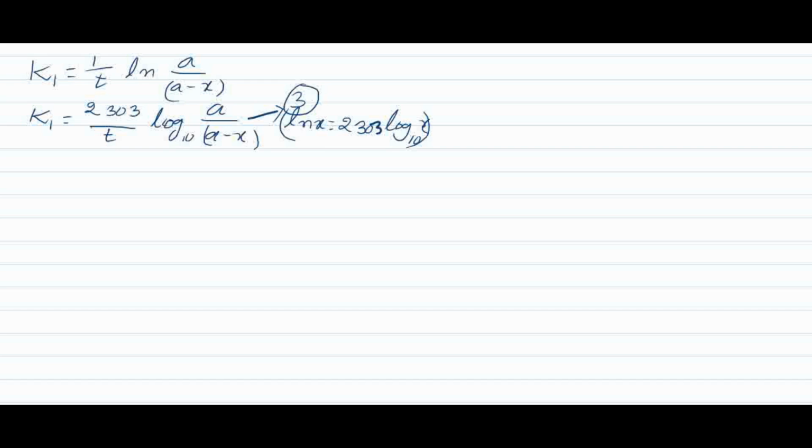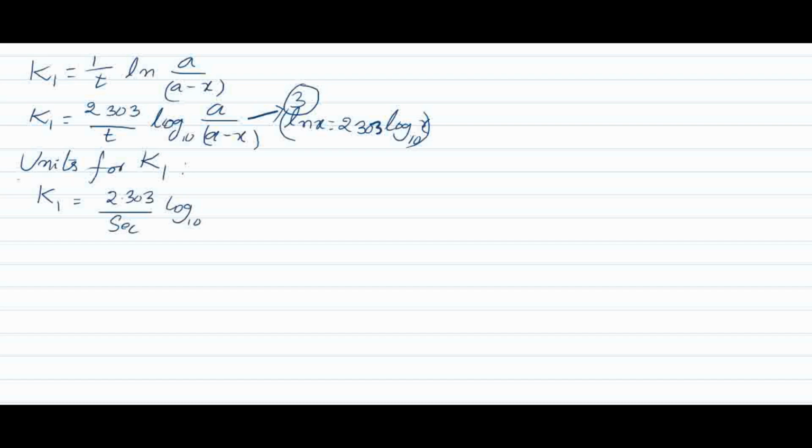Now, what are the units for the first order rate constant K1? So here K1 equals 2.303 by the units for time, seconds, log base 10.